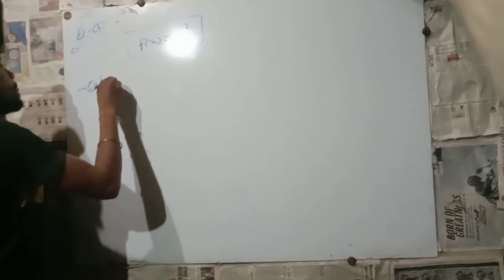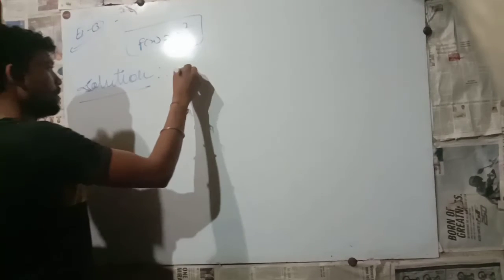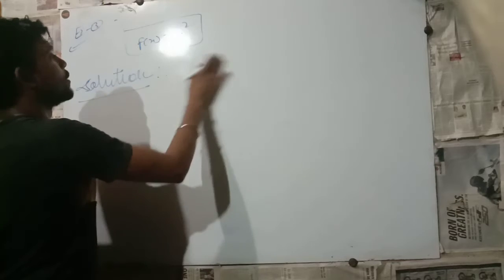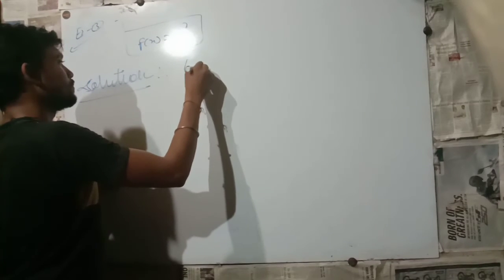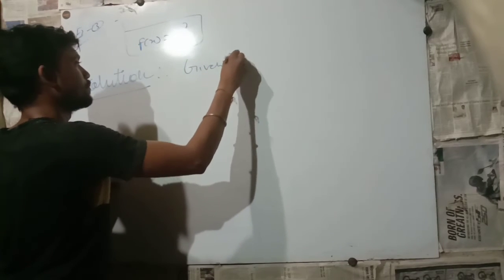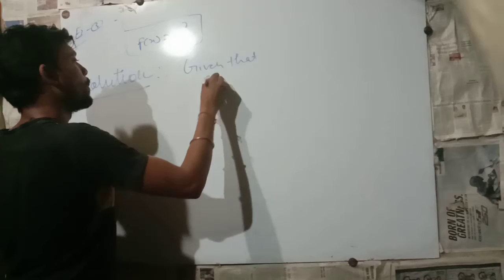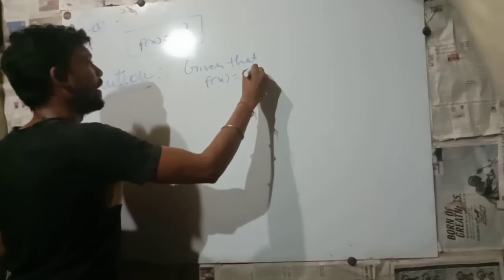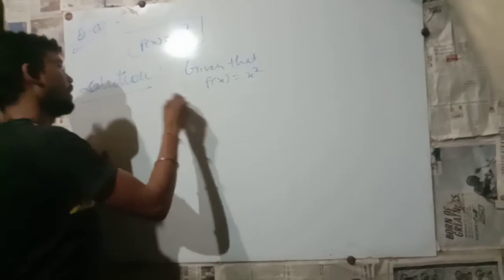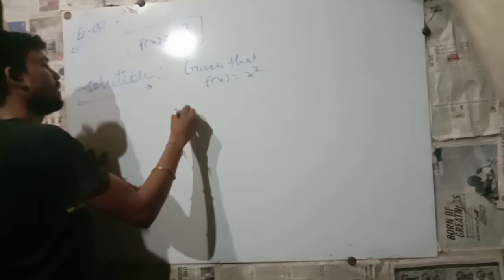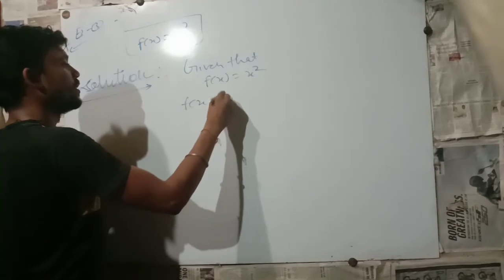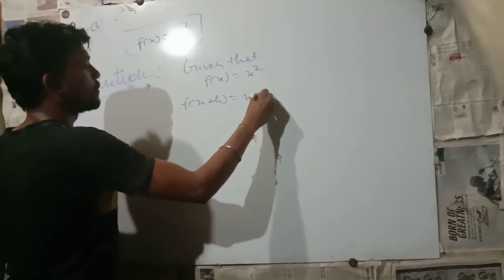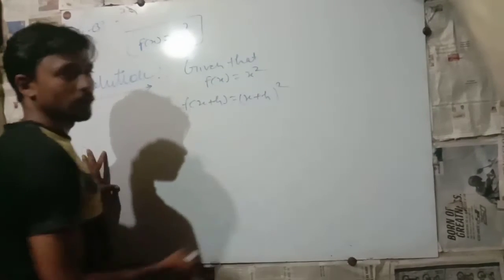First of all, solution. Given that f of x is equal to x square and f of x plus h is equal to x plus h whole square.